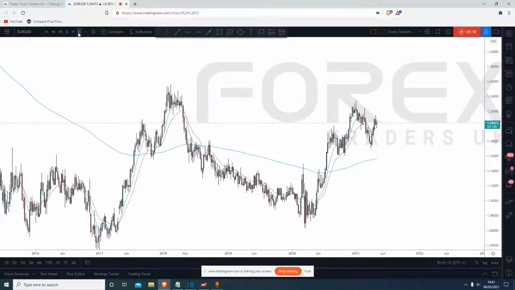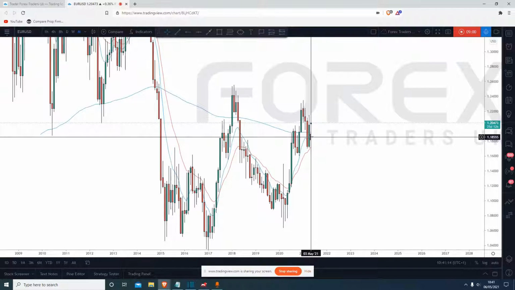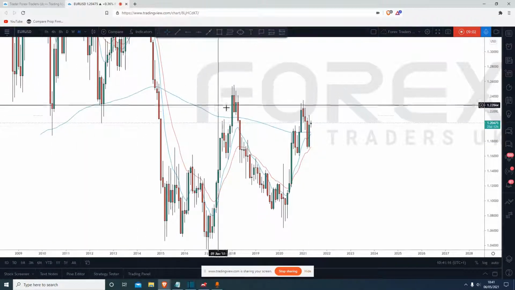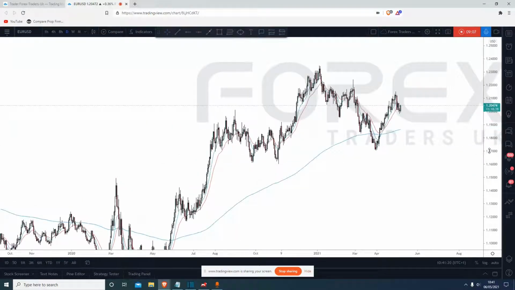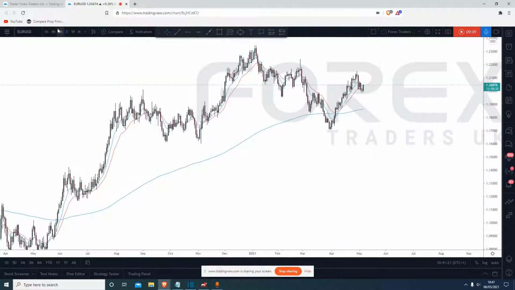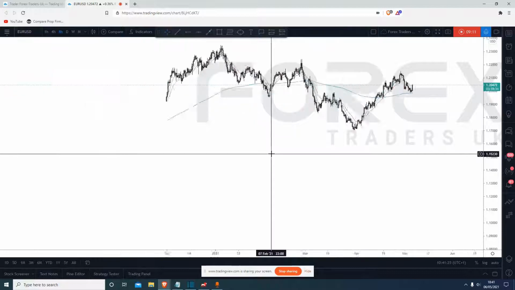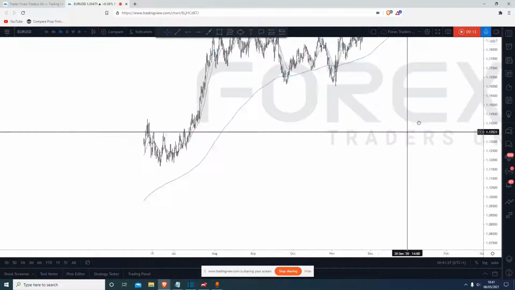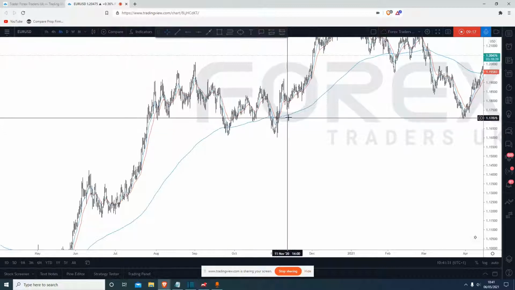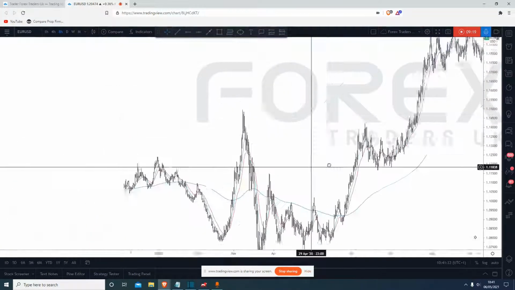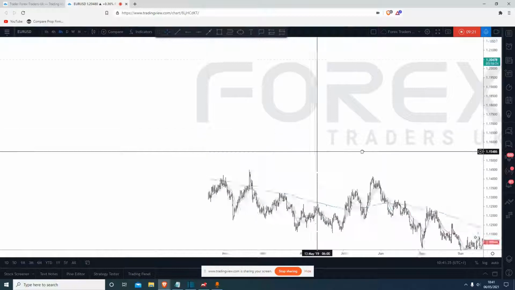Overall, the 200 MA on the higher time frames tends to work fairly well in terms of spotting support and resistance levels. But as we go down through the different time frames, it also works as another confluence as to where we could identify certain opportunities where the market has retested or is looking to break in a certain direction.